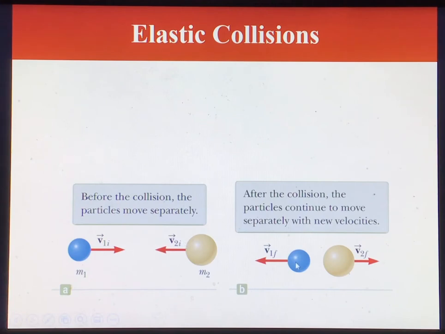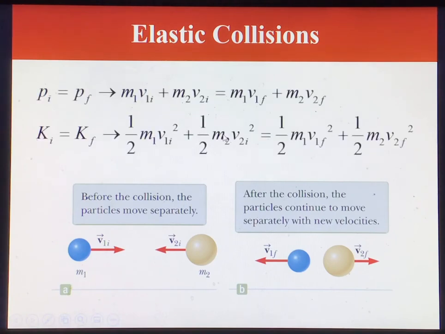And then after the collision, M1 is moving with some velocity V1 final to the left, and M2 is moving with some velocity V2 final to the right. So again, in an elastic collision, the two particles continue to move separately with new velocities.